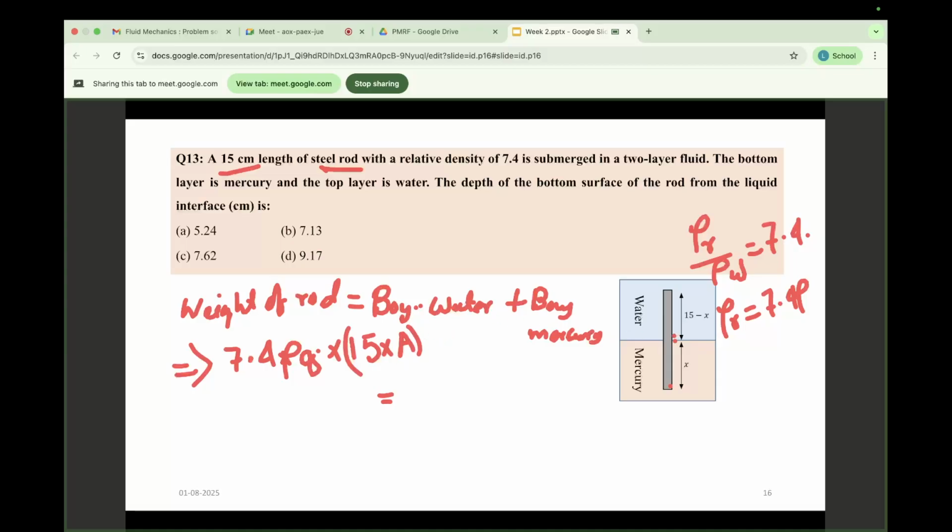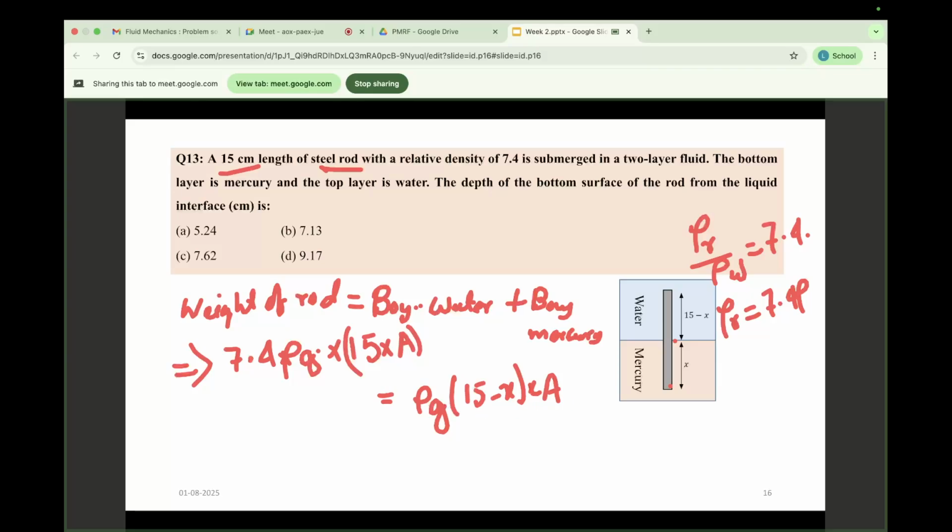Now for water. In case of water, what will it be? Only 15 minus x is in the water. So in this portion, since it is water, it is rho g (15 minus x) into A. That is the volume. Height into area is the volume.